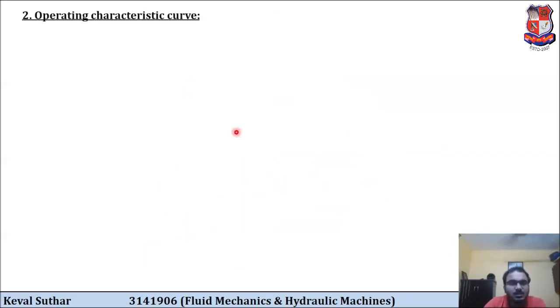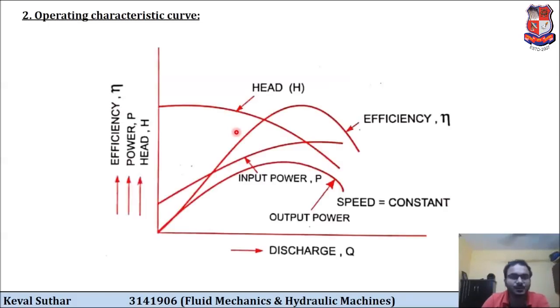Now the second is the operating characteristic curve, which is given by this figure. Here on the horizontal axis we have discharge, and on the vertical axis we have efficiency, power and head. Throughout this figure we have kept speed constant.